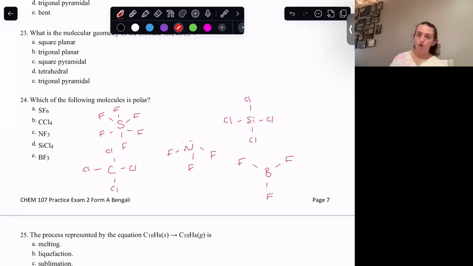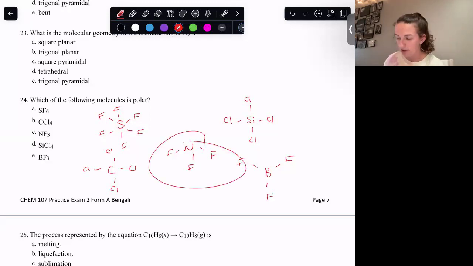When you're talking about polarity, you want to look for something that has a lone pair on its central atom. Technically, the only thing here that has a lone pair is this NF3. Everything else is symmetrical, and therefore will be nonpolar. So NF3 will be your only polar molecule out of the 5.